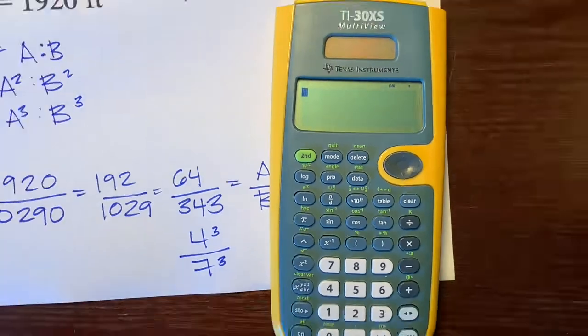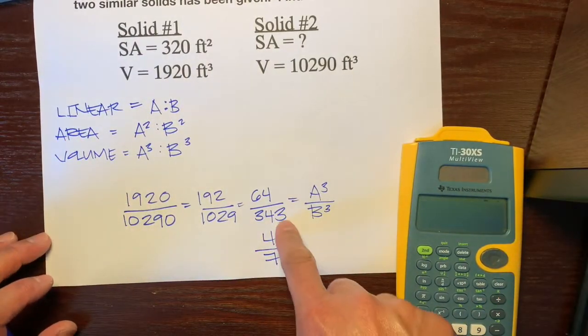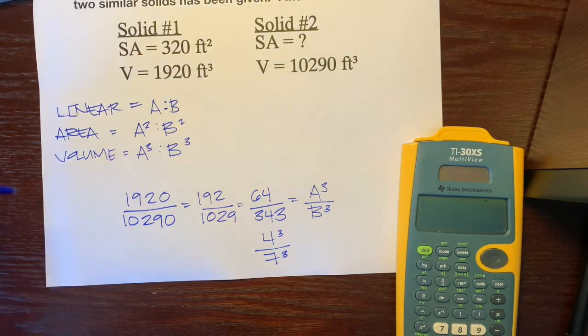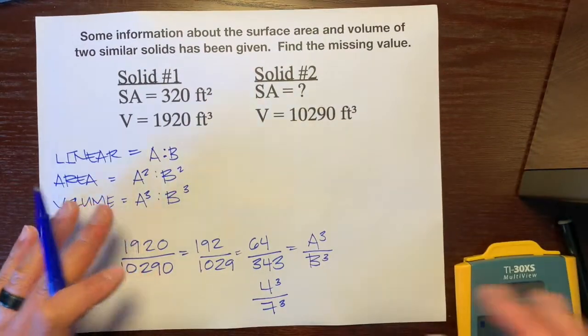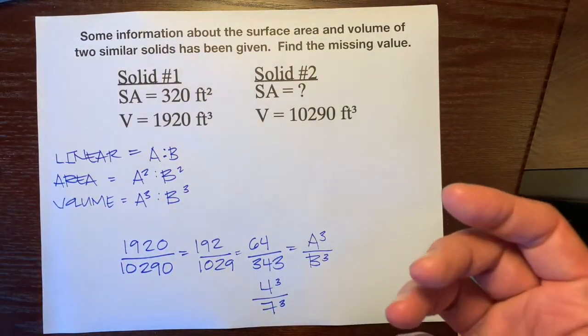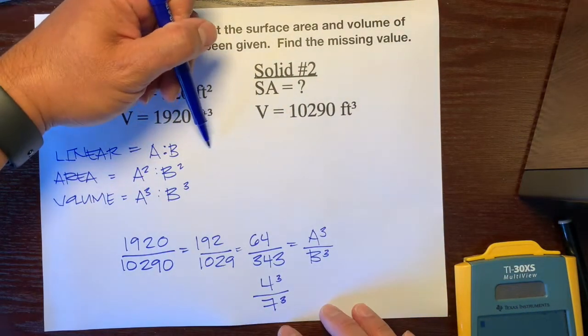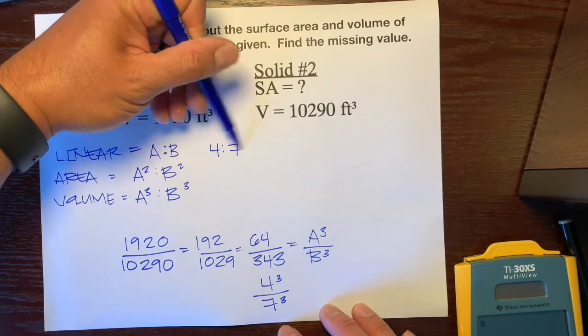This is helpful because if we took away these cubes, it would give us the linear scale factor. So our linear scale factor for these two solids is 4 to 7, sorry.